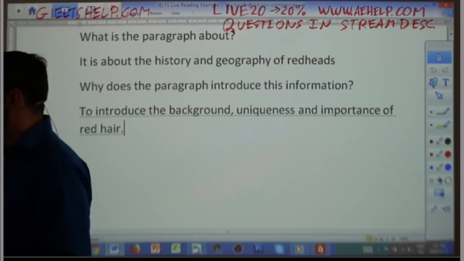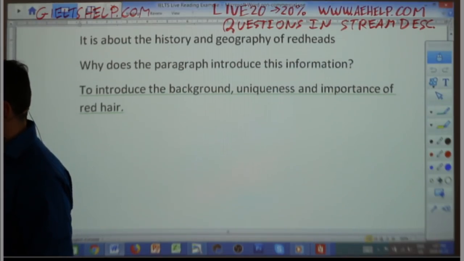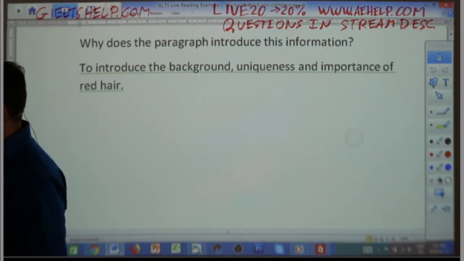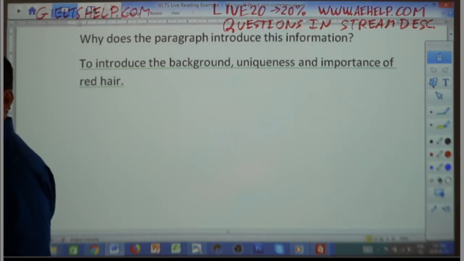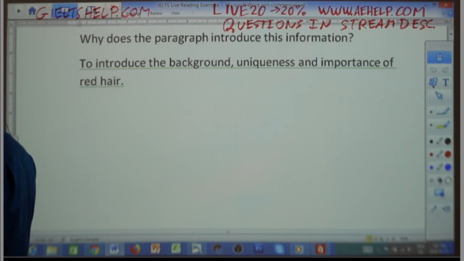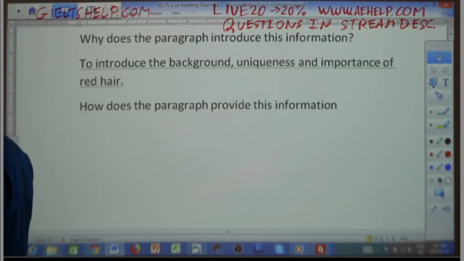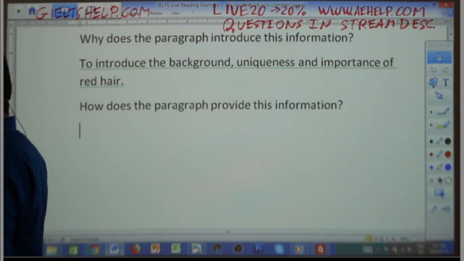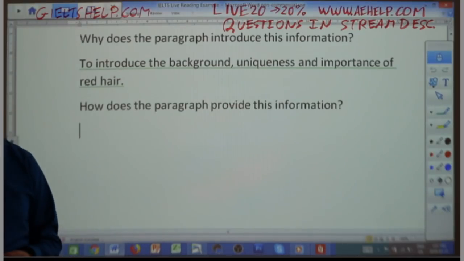Okay. And the origin, absolutely, you're right, Mohammed. It does emphasize the origin. And how does the paragraph provide this information?